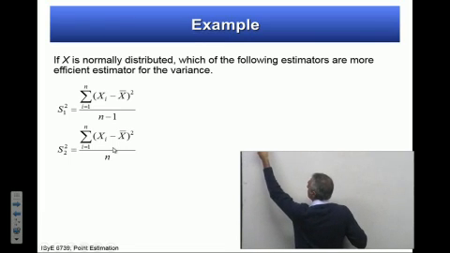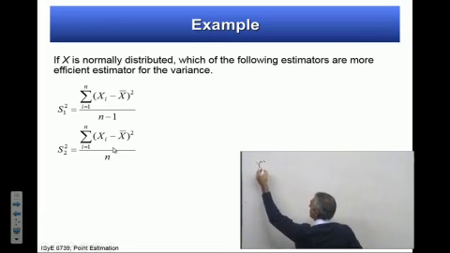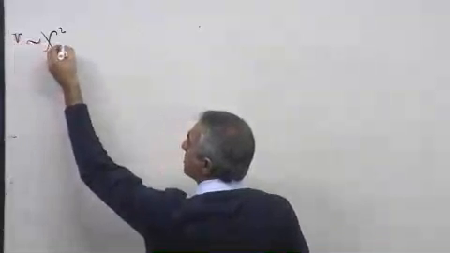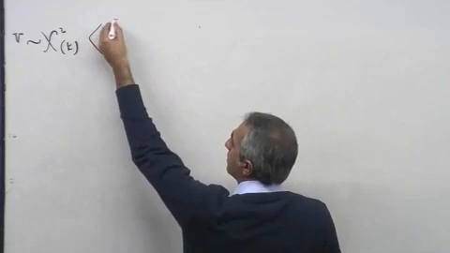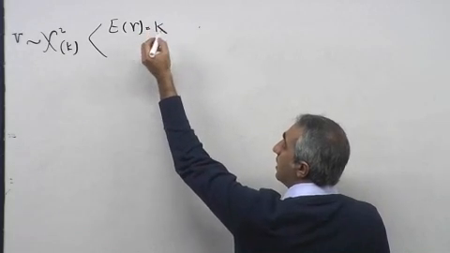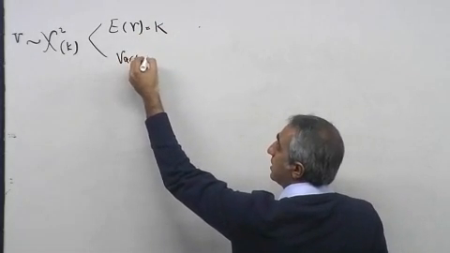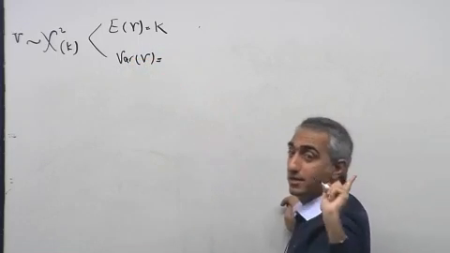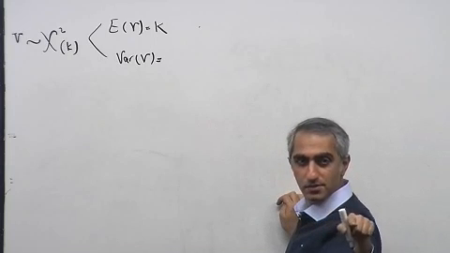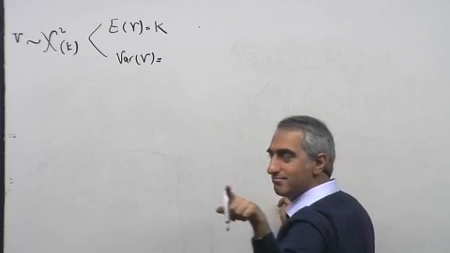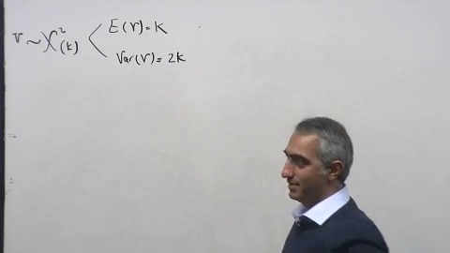Just a small hint: if you have a chi-square distribution, let's call it V, with k degrees of freedom, the expected value of this chi-square distribution is k. The variance is, anybody remember? I'm hearing something which sounds correct. 2k. Okay?